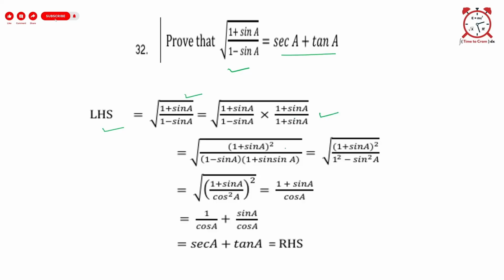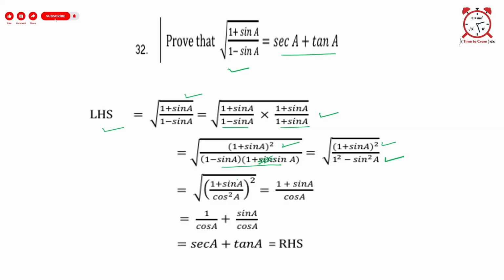So here, after that, (1 plus sine a) is squared. Here by mistake sine was written, it is wrong. So the product of (1 minus sine a) and (1 plus sine a) we have to write here. So the numerator is the square, and for the denominator, by the algebraic identity (a minus b)(a plus b) equals a square minus b square, we get 1 square minus sine square a.